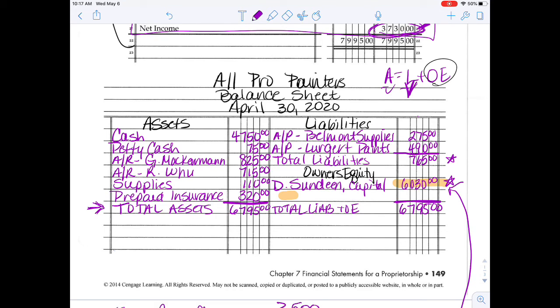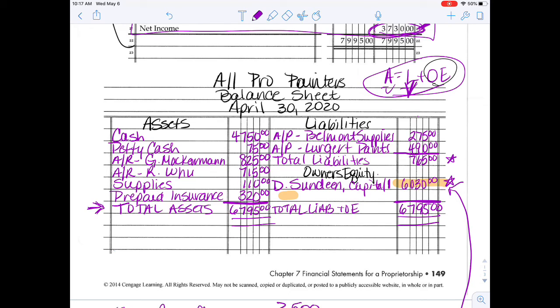My assets must equal my liabilities and owner's equity. We knew that from day one. So if they don't equal, you need to go back and find out why. The only owner's equity account should be your capital account.